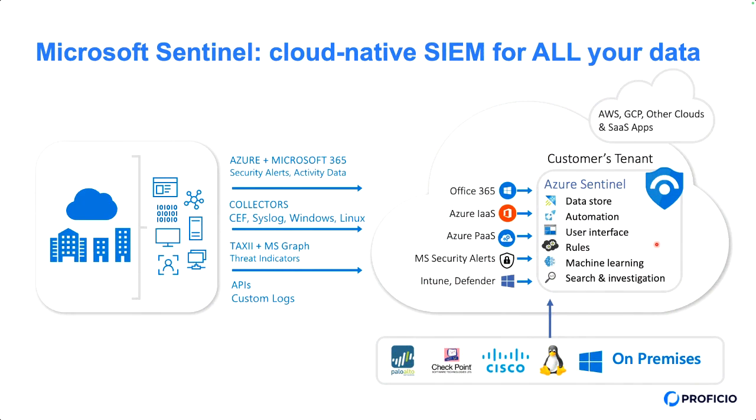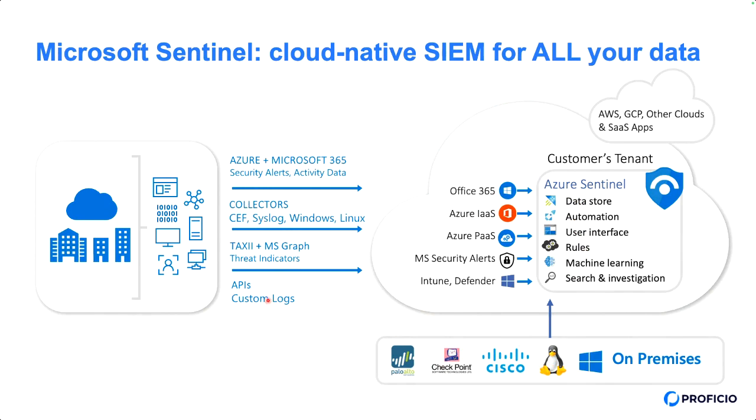It's pure SaaS service, right? It has data storage, which is Azure Monitor. Azure Monitor uses Log Analytics workspaces to logically segregate your data in a container-based environment. It has some built-in automation, a user interface, rules to process everything, and machine learning algorithms to enhance everything, right?